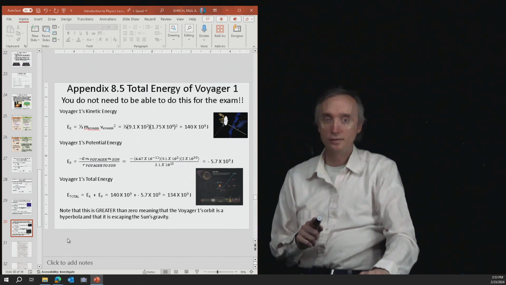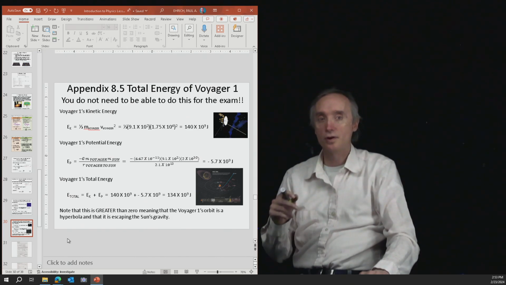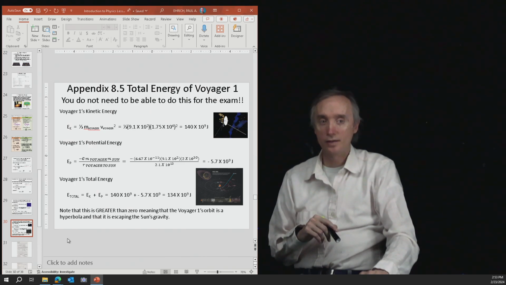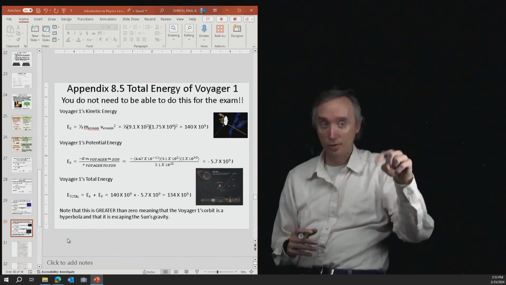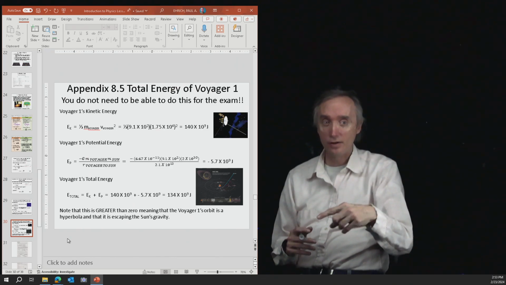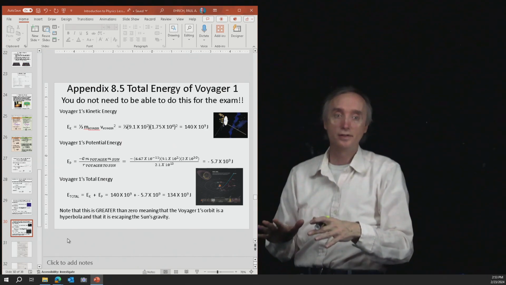Now, interestingly, Voyager 1 is on a direct path for a black hole. And so in the future, it's going to fall into that black hole. It's going to go through a wormhole. It's going to come out on the other side of our galaxy.